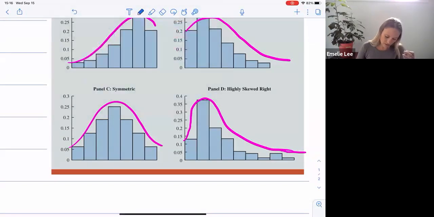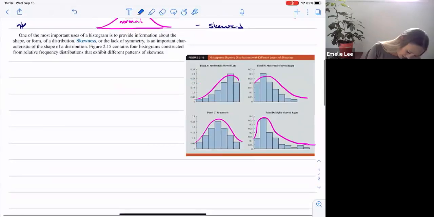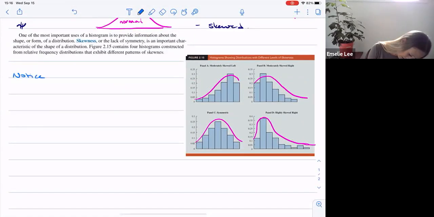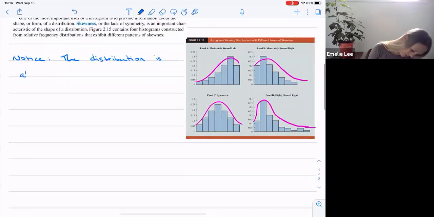Okay. So I want you to notice the distribution is always skewed in the direction of the tail.